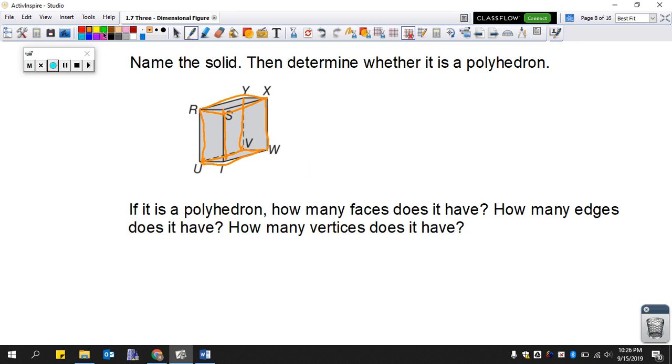So that means that it has 12 edges. So it has 6 faces, 12 edges.